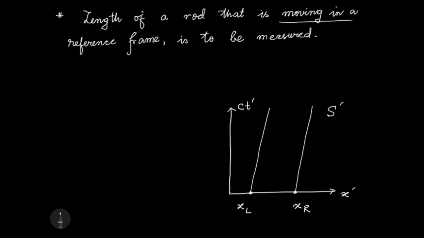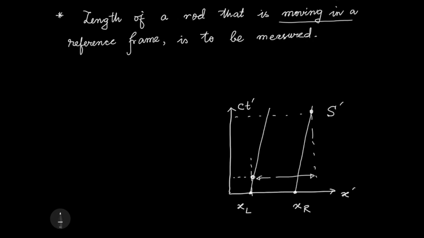Now imagine you are given the task to measure the length of this. Can I measure the left end at one time and the right end at the other time? So say I measure the left end. I don't want to do this, but just for the sake of understanding, say the observer who is on this world line measures the left end of the rod, and later this observer measures the right end of the rod. And they'll measure this as the length of the rod. Will that be the right thing? Obviously no, right?